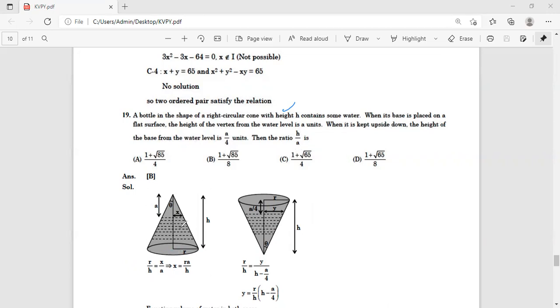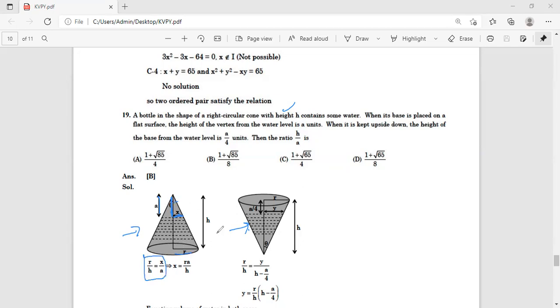Again, I think it's a simple question only. Both the volumes will be the same. This is the concept: the water volume will remain the same. So x by a is the same as r by h.